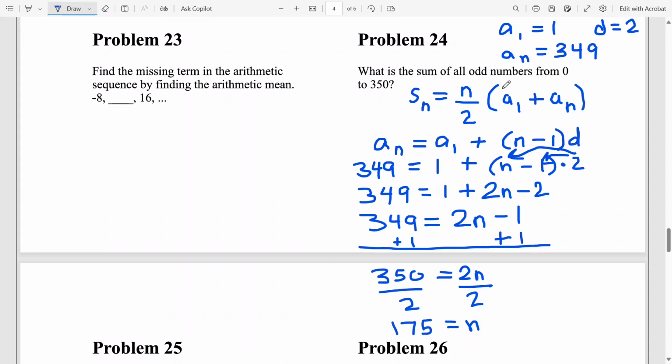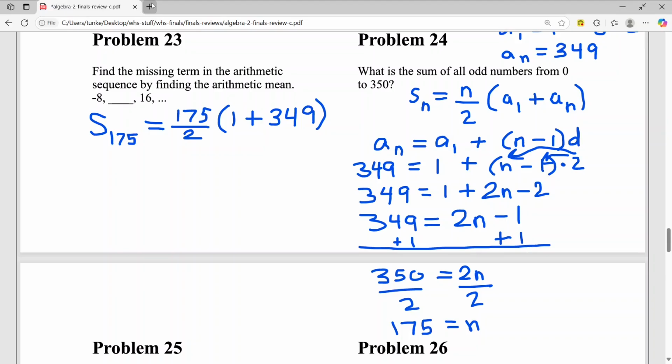All right, so we're looking for the sum here, the sum of 175 terms. That's going to equal 175 divided by 2 times 1 plus 349. And we can go to Desmos and figure out what this is.